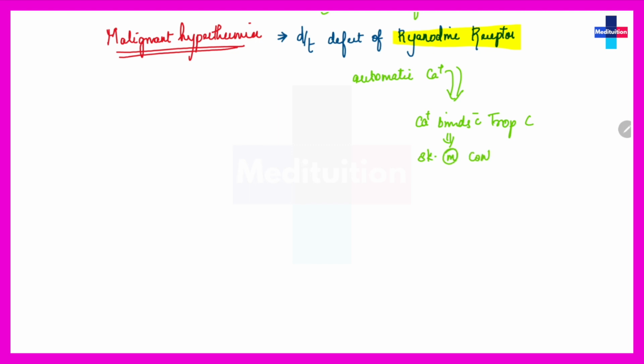So there will be more contraction. Skeletal muscle will be contracted more. Once it is contracted more, in a continuous manner, it tends to produce too much heat, because there is no one to control the calcium, right? As such, ryanodine receptors are defective. No one has the power to control the calcium, so there will be hyperthermia.